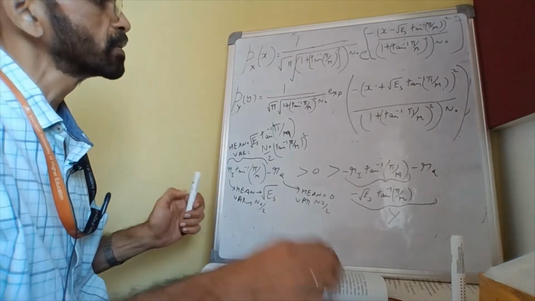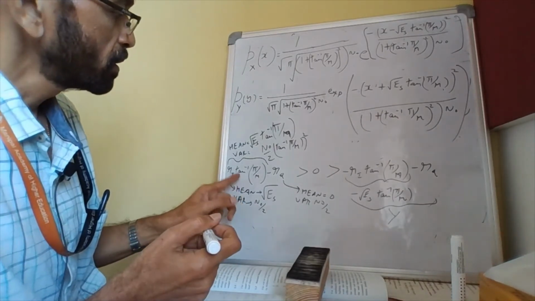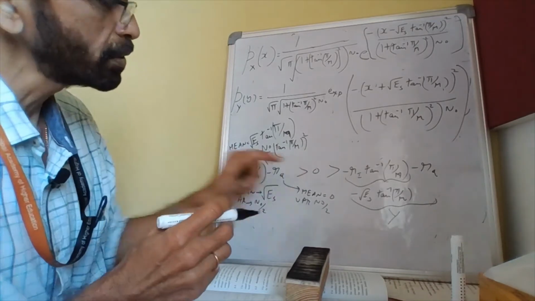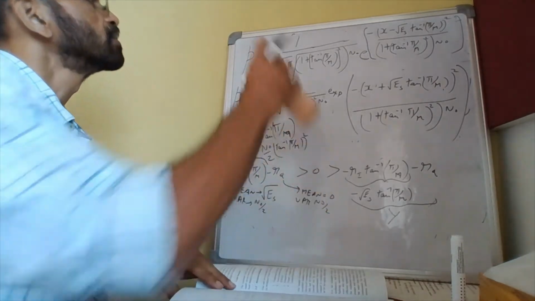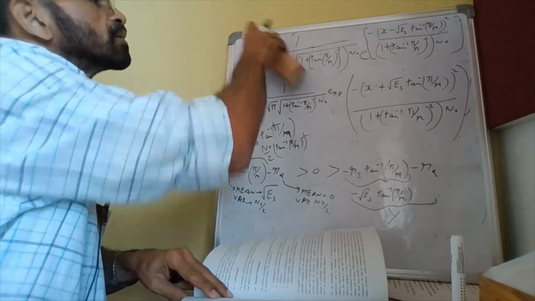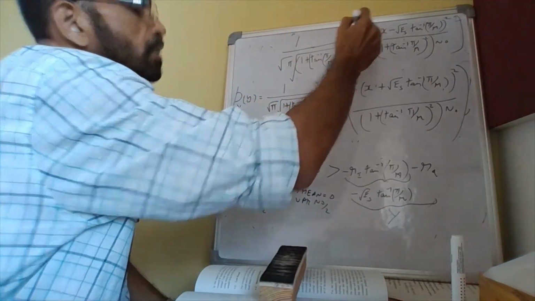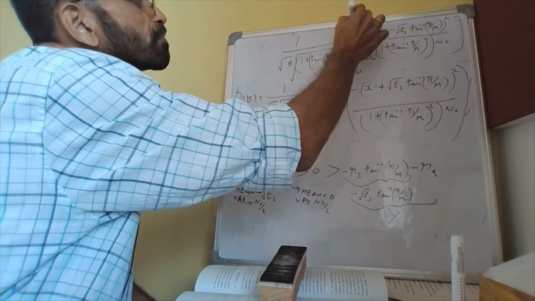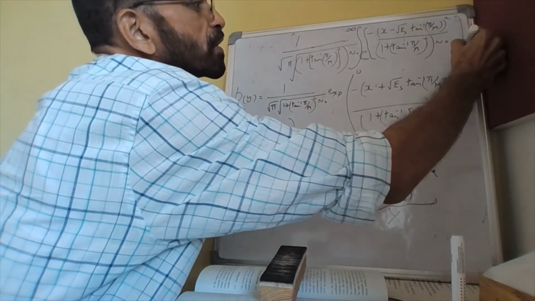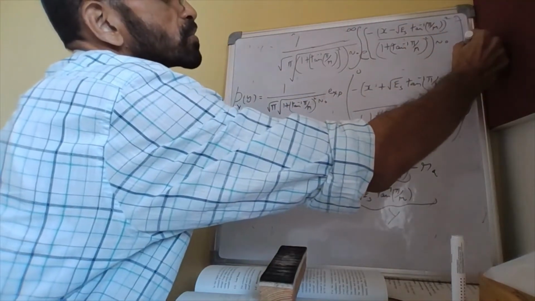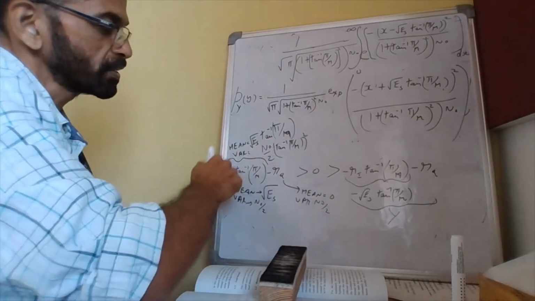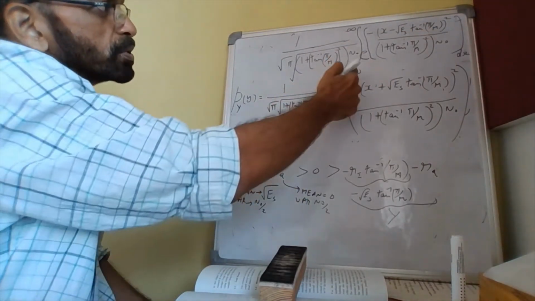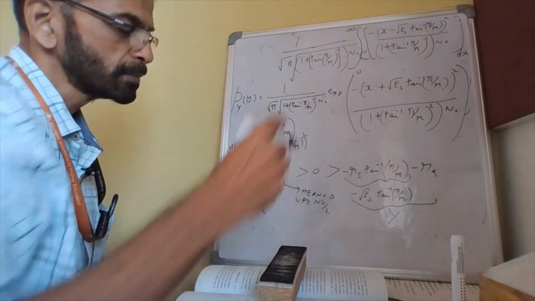So the probability of this taking a value greater than 0 will be 0 to infinity dx, because the density function of what we have on the left here is this.